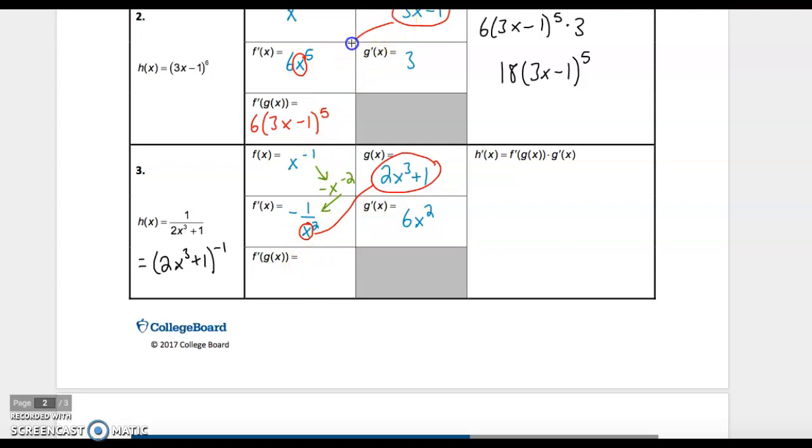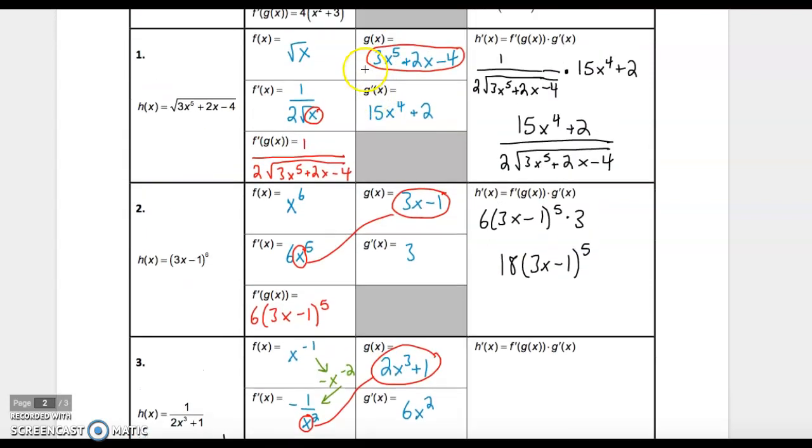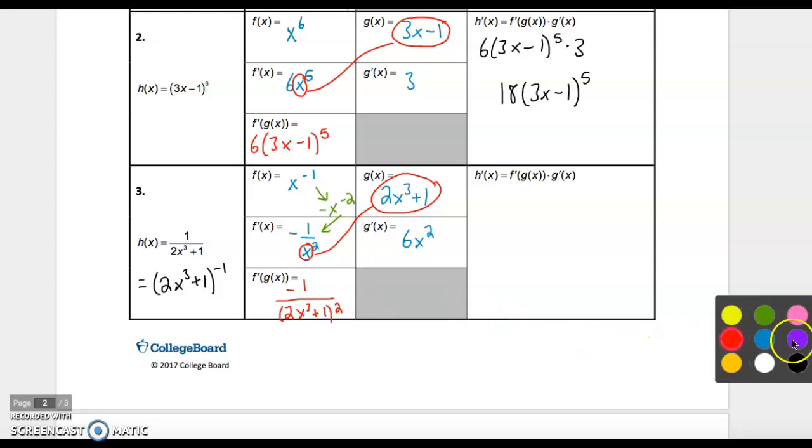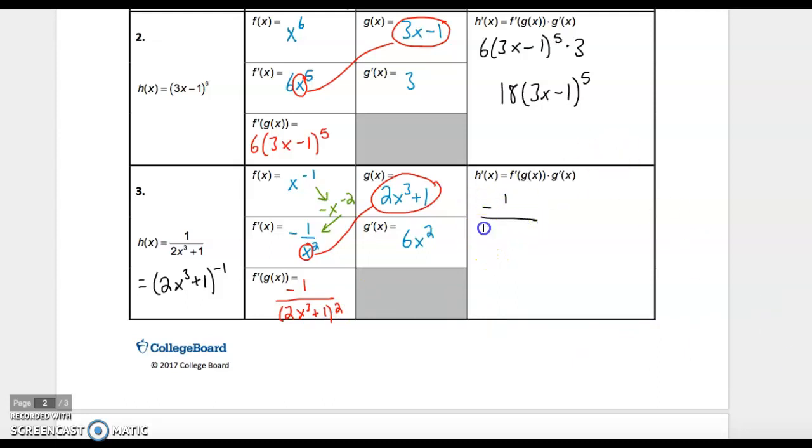I guess I should have been drawing little connectors in all of these as well, right? And so then I would end up with negative 1 over 2x cubed plus 1 squared. And then to finish off my chain rule, we have that piece. That's the derivative of the outside, keeping my inside the same.